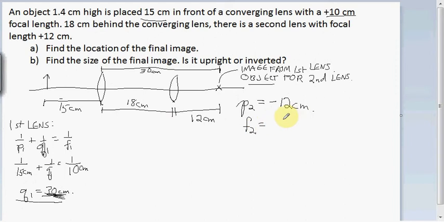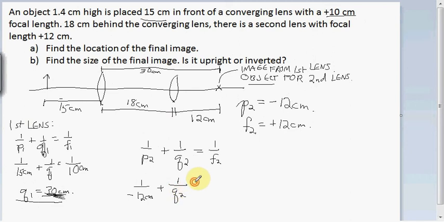We also know what F2 is. The second lens has a focal length of 12 centimeters. And so I can go ahead and find Q. 1 over P2 plus 1 over Q2 is equal to 1 over F2. That means 1 over negative 12 centimeters plus 1 over Q2 is equal to 1 over 12 centimeters.